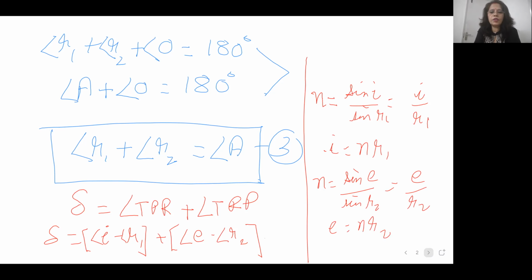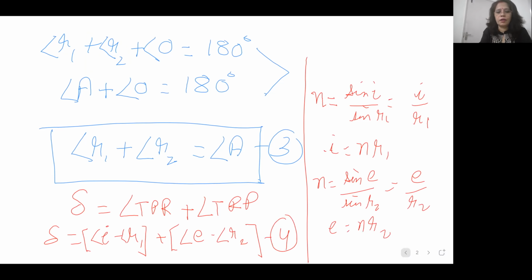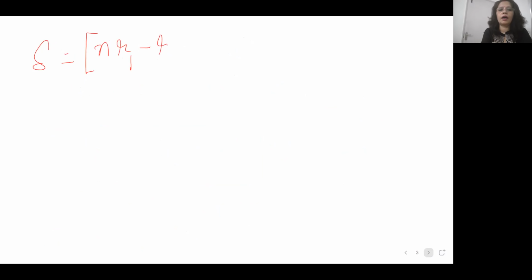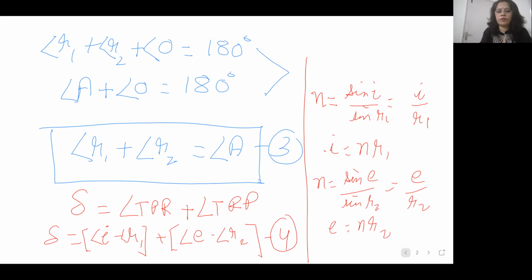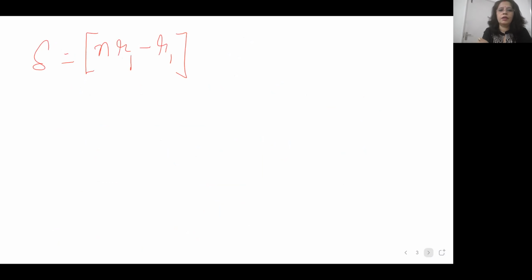Now put the values in equation number 4. On putting the values, delta is equal to N R1 minus R1, plus N R2 minus R2.